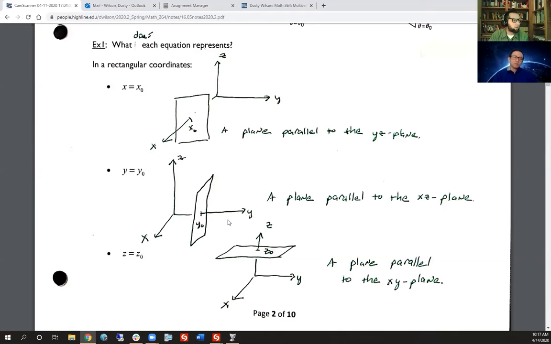Y equals a constant would be a plane parallel to the XZ plane. And Z equals a constant would be a plane parallel to the XY plane. That should be old and familiar.